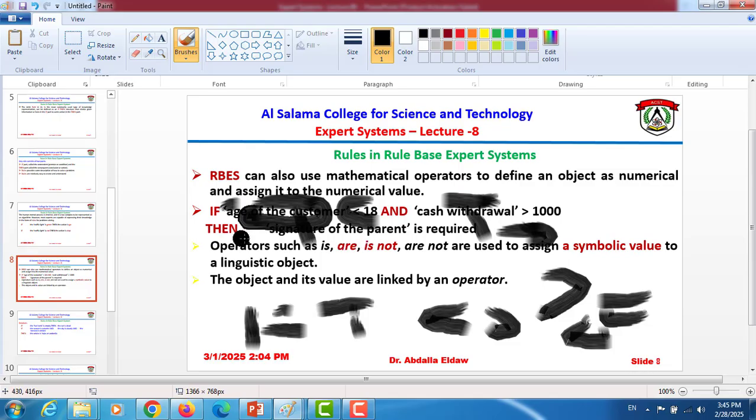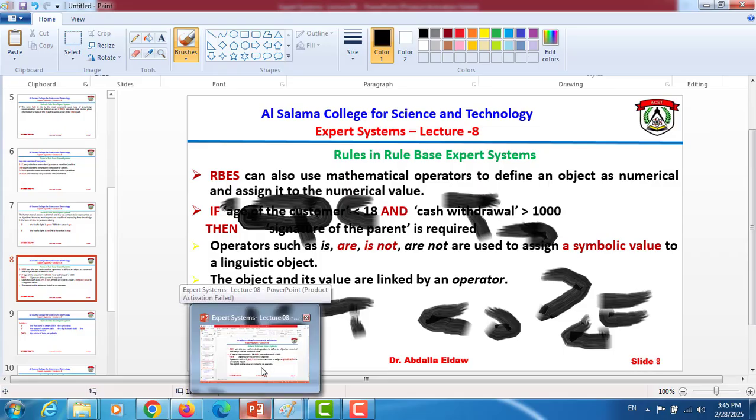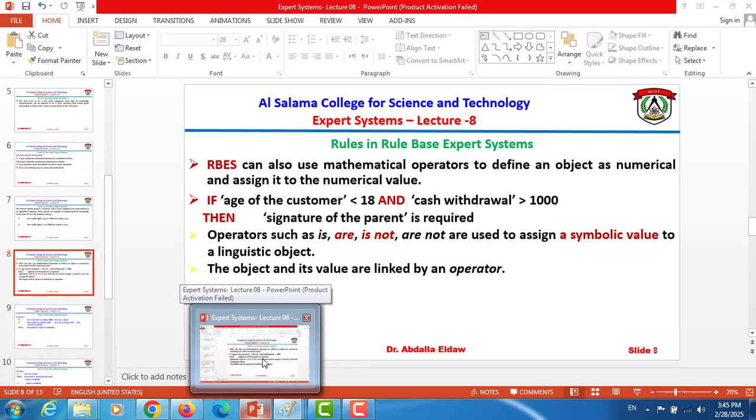That means at that time we need the signature of the parent. This is the use of mathematical operators and logical operators in a rule-based expert system, and we return again to our lecture.